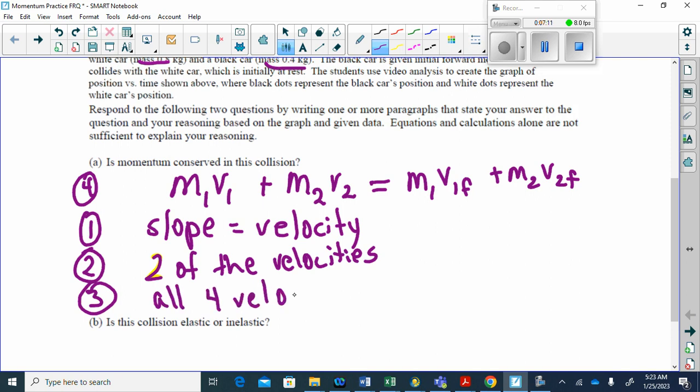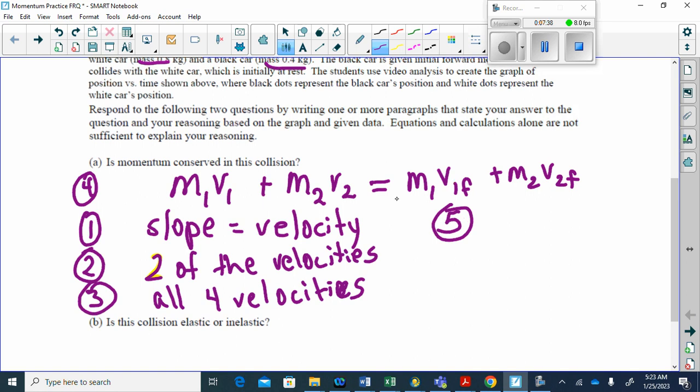So all of those velocities that we just found should be on your paper. The fourth point we already said was writing the appropriate conservation of momentum equation. The last point was actually finding the values for before and after.